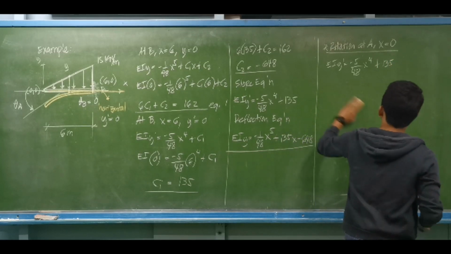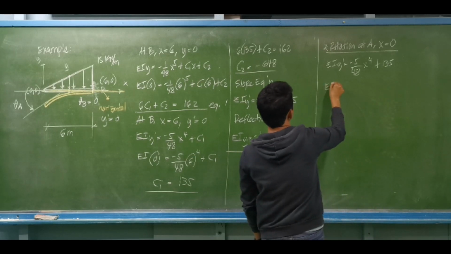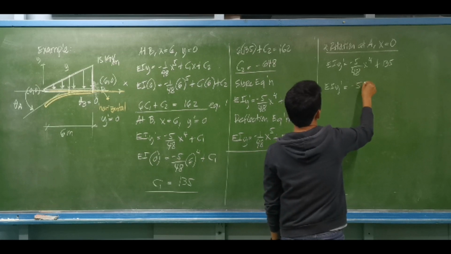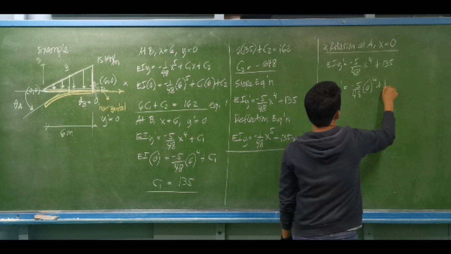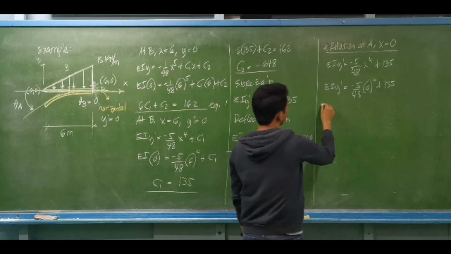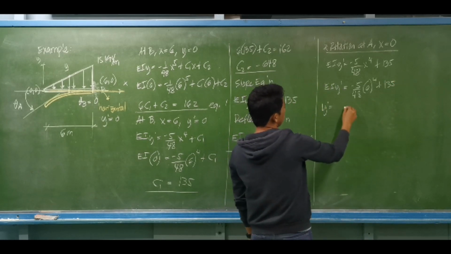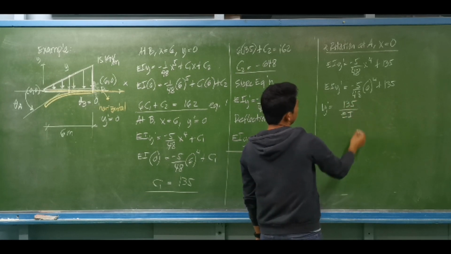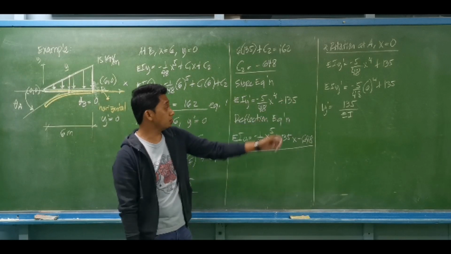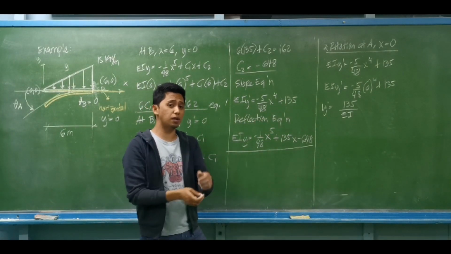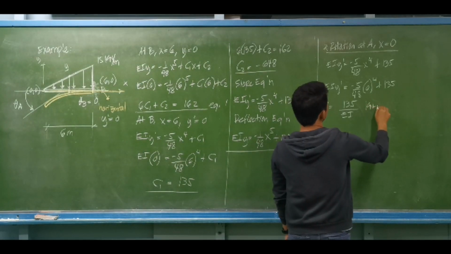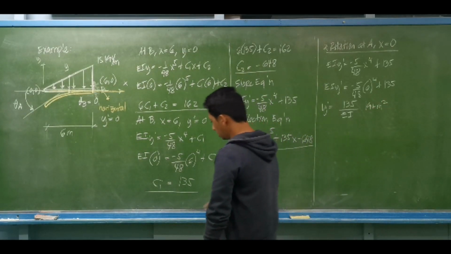So EI y prime is equal to negative 5 over 48, obviously this is 0 to the 4th, plus 135. Which means we'll be having the value of y prime equal to 135 divided by EI. So last time is the basic, that will be the unit kapag slope equation or second integration. That is in yung kilonewton ay meter squared.